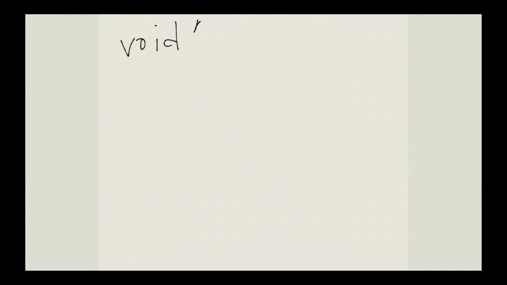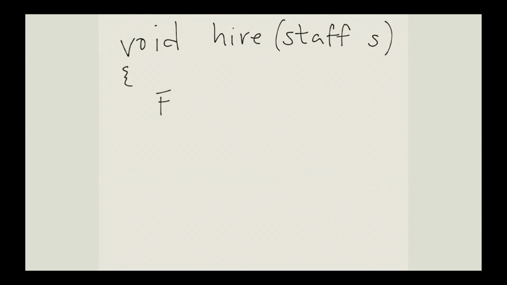Void hire, and it takes in one argument, a staff structure called s. Got our braces. We've got our FILE star called file.